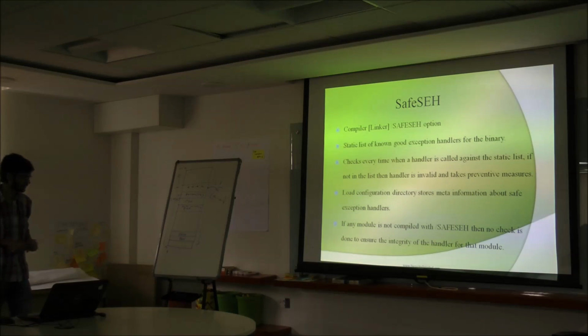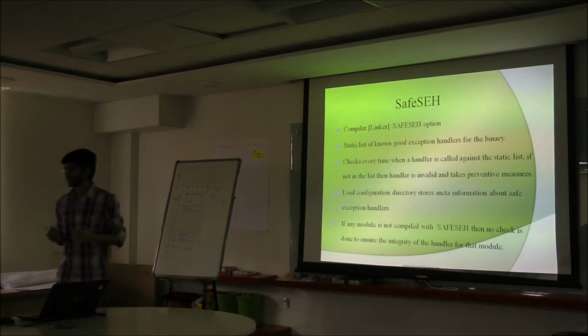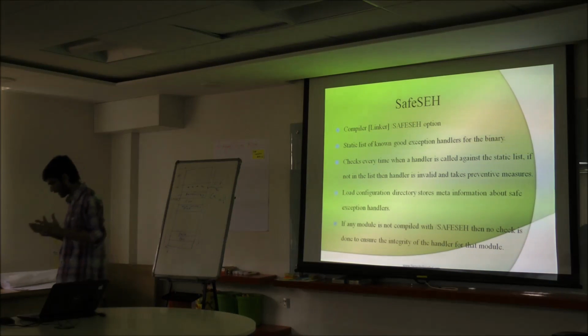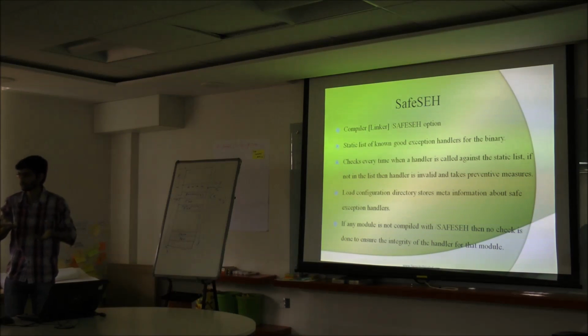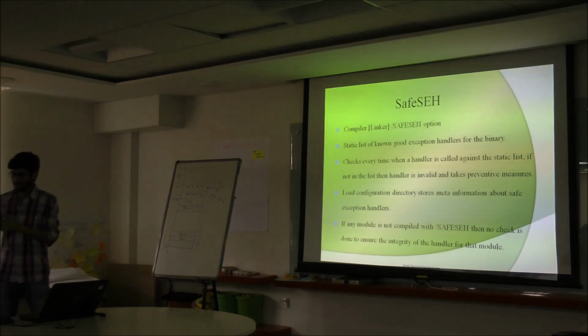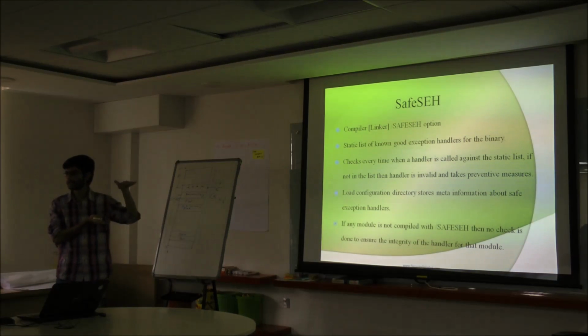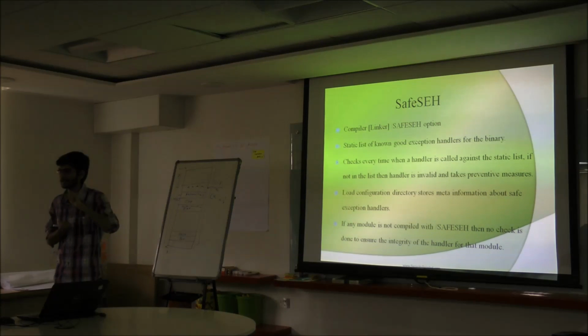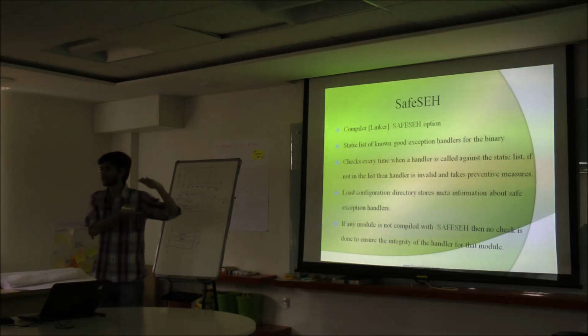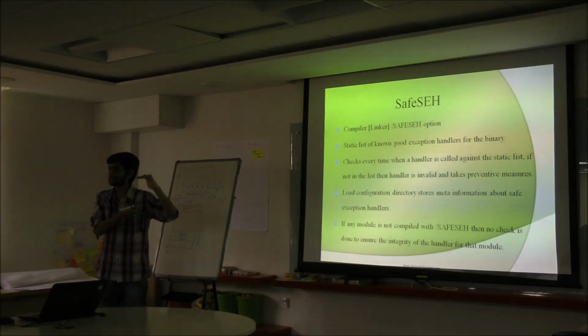When you compile a module, the compiler will look at your try and catch blocks. It will fetch how many try and catch you are using in your code, take those addresses, and put them into a static list. Because it is created at compile time, it is a secure list, meaning these exception handlers are safe.